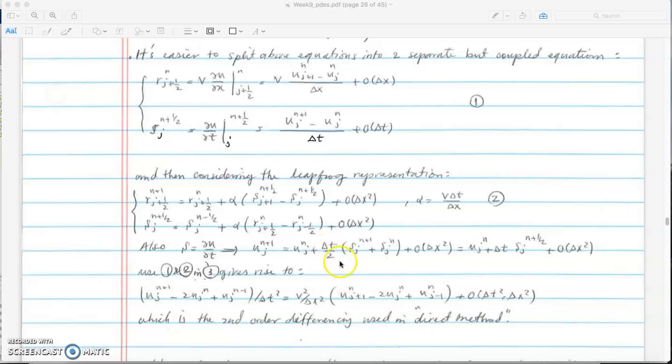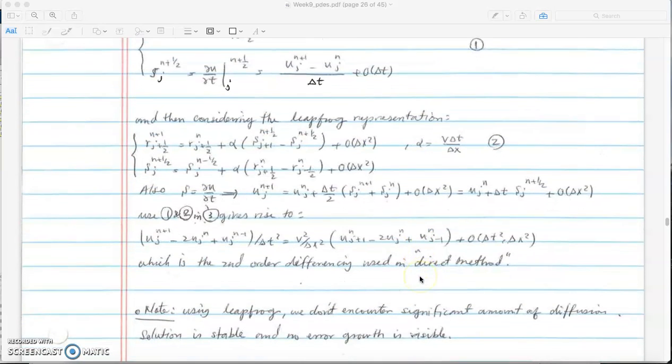So basically this is n plus half, and we discretize this at n plus half and j. The central difference at n plus half and j is u at n plus 1, j minus unj. The difference of these two gives you du dt at n plus half, which is the average of these two, with the same j.